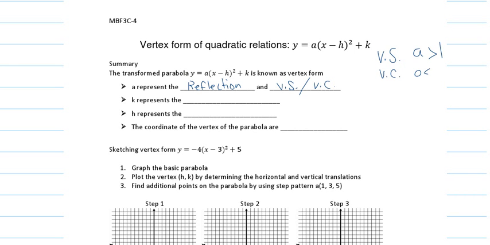Look, it's right here. Okay? It will stay right here. It won't go anywhere. All right. K represents what? What kind of transformation does it represent? Vertical translation. So up and down.